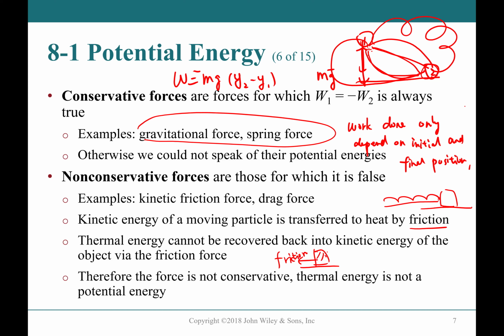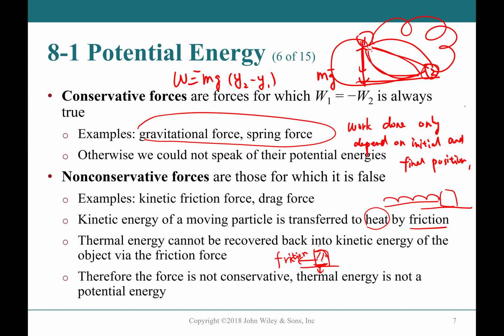So this amount of kinetic energy is consumed by friction, and the kinetic energy of a moving particle, in the end it will stop, is transferred to heat by friction. So you will have some heat generated by the contact, through the contact surface.